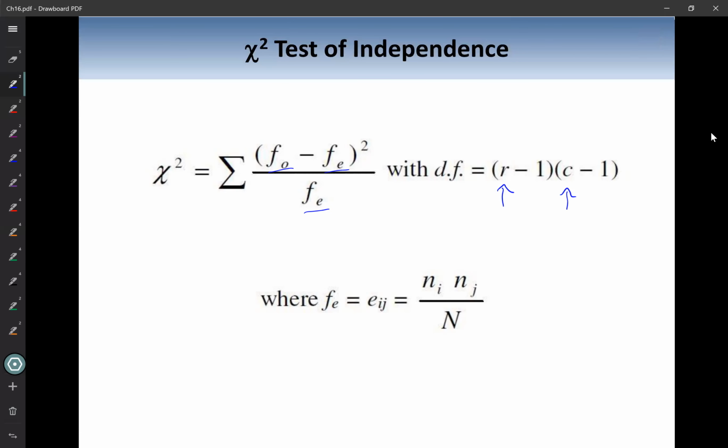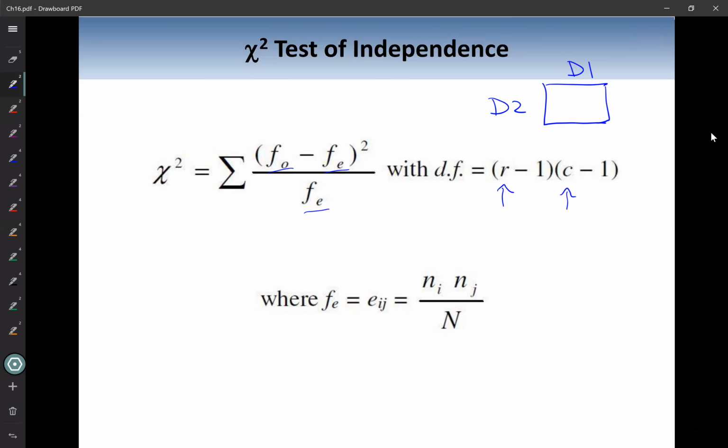What we're doing is organizing the two distributions into a contingency table. So you have distribution 1 here, distribution 2 here, and we're testing to see if the two are independent or not.